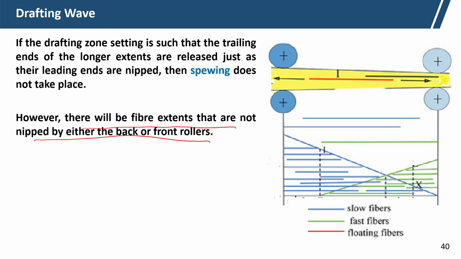So, we have solved one problem of spewing by increasing the roller setting with respect to fiber length, but the main problem is that it then generates floating fibers. These fibers are neither gripped by the front roller nip nor by the back roller nip, so they are the floating fibers.